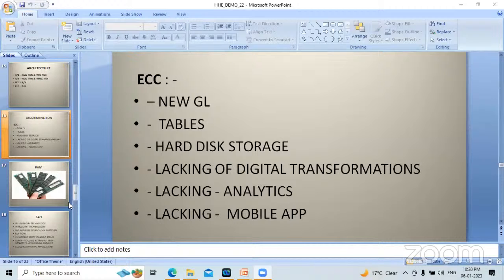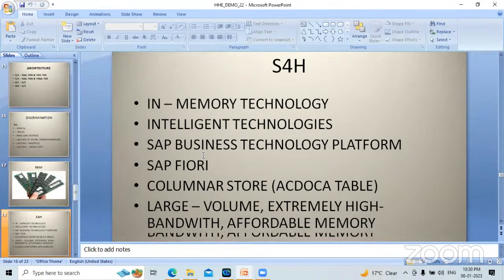Okay, and if I'm speaking about S4HANA, now S4HANA is having intelligent technologies. What do you mean by intelligent technologies? It means total digital transformation you are having over here. Apart from that, you can use some programming also over here, development, to fulfill the client's requirement. Okay, and you can connect it with the SAP.